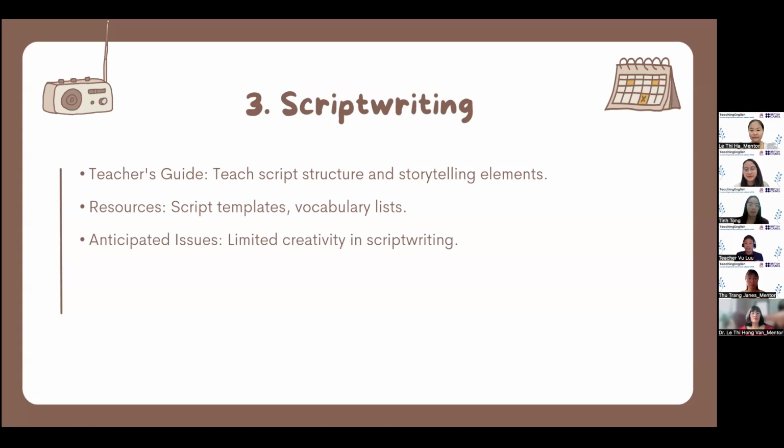The anticipated issue here is our students' creativity in script writing. We can use collaborative learning procedures to help our students work in pairs, work in groups, or we can have the whole class as a team to brainstorm.